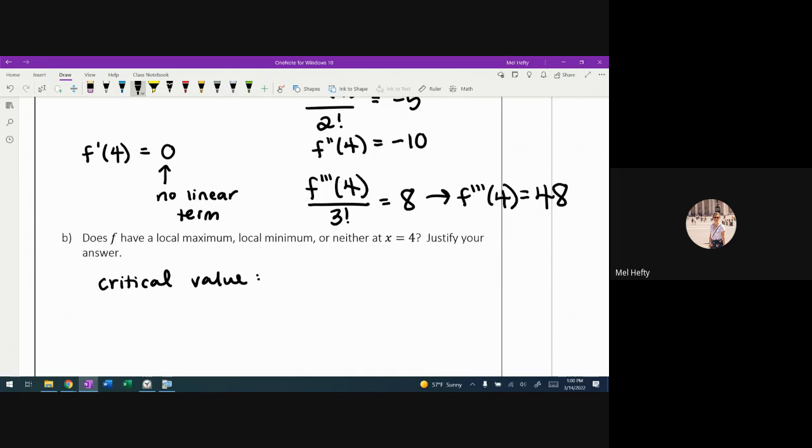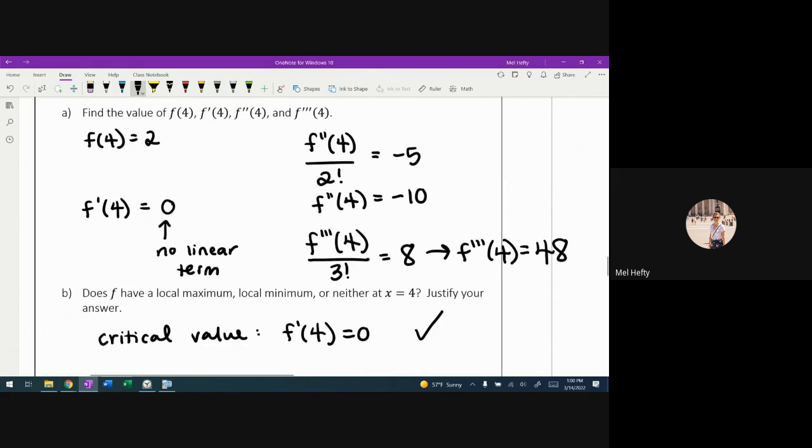How do we know if we have a critical value? If f prime of that value, which is 4, should equal 0, does it? Yes. Cool, we have a critical value.